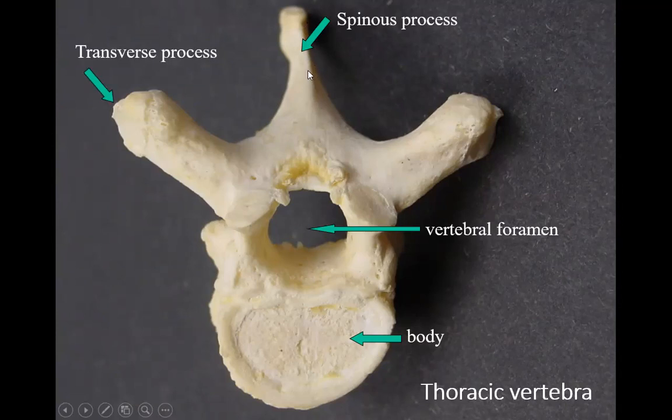Spinous process sticks straight up and out. The transverse processes stick out from side to side. The vertebral foramen is the passageway for the spinal cord. The body of the vertebrae is where the intervertebral disc is going to set to function as a shock absorber.